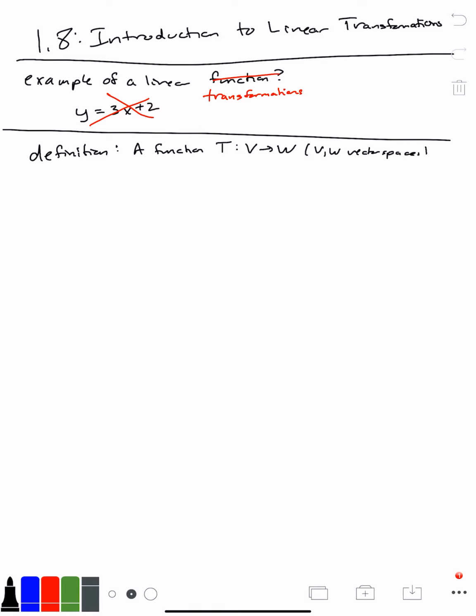The typical idea here is it might be a function, say, from R3 to R5 or something like that. So we're generally going to be dealing with Rn here. But in general, a function is a linear transformation if the following two conditions are true.